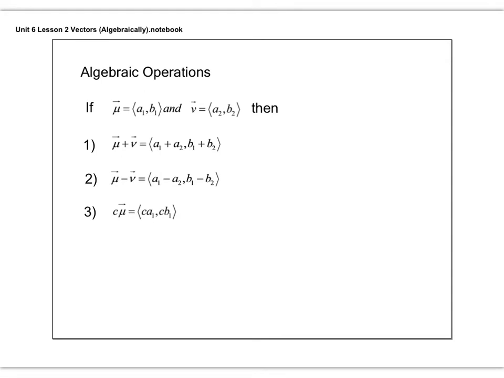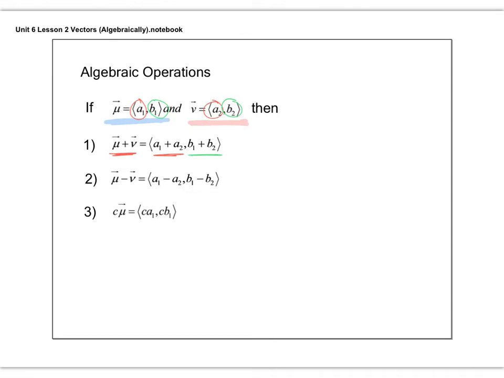Next we're going to use algebraic operations to learn more about vectors and to manipulate vectors. So let's say you're given vector u has component a1, b1, and vector v has component a2, b2. You could add those vectors. Now we know how to do it physically with a ruler and a protractor. We learned that yesterday, but today we're going to learn how to do that algebraically. To add two vectors, you take the x value or the horizontal component and add them together, and then you take the y value or the vertical component and add them together.